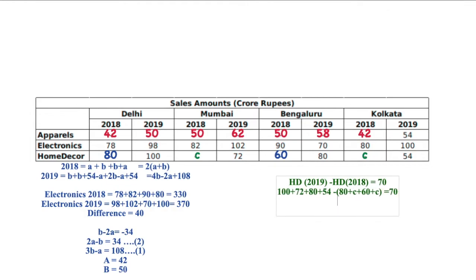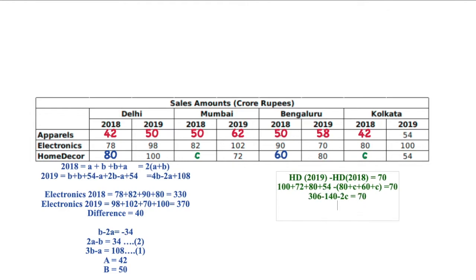So from this we'll get the value of C. So let us just check: 100, 180, 180 and 252, 252. This is 306 minus 140 minus 2C is equal to 70. Okay, so from this you will get the value of C is 48, right? So now we know that C is 48.